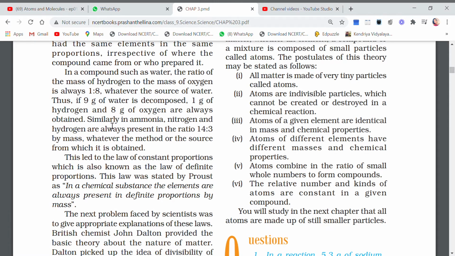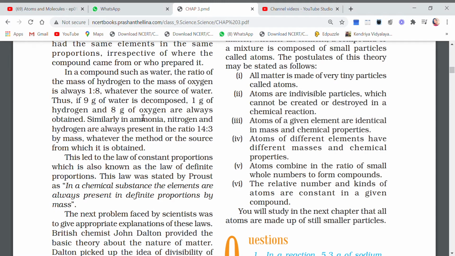Find out the ratio in which nitrogen and hydrogen combine together to form a compound called ammonia. Okay, so you will calculate, and I am also telling you that the mass of hydrogen is 1 and mass of nitrogen here is 14, and the formula of ammonia is NH3.